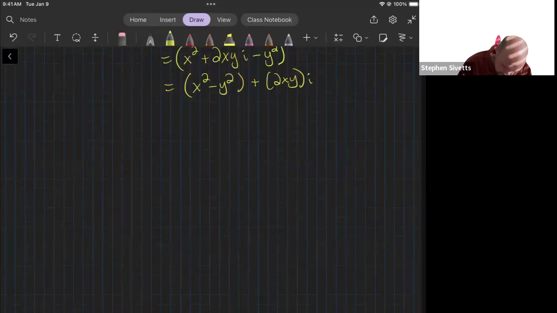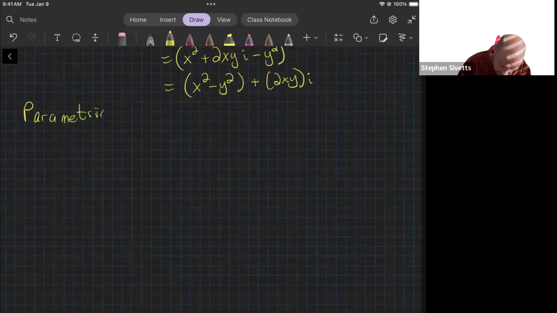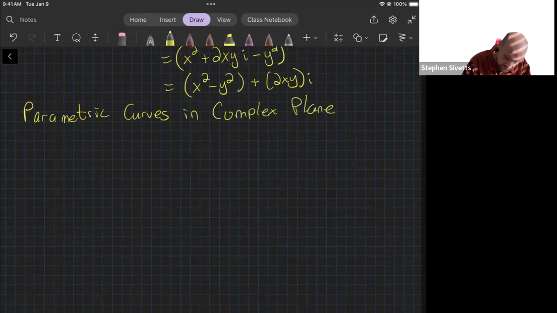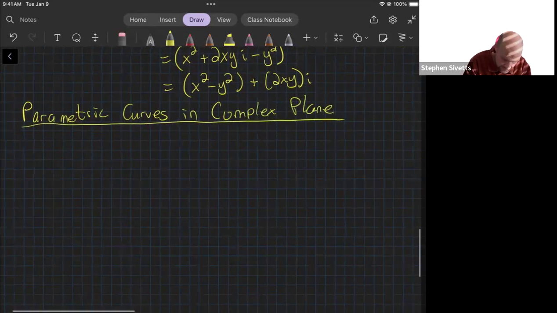So the next thing I want to talk about is parametric curves in the complex plane. And this refers to parametric curves in Calc 3, right?